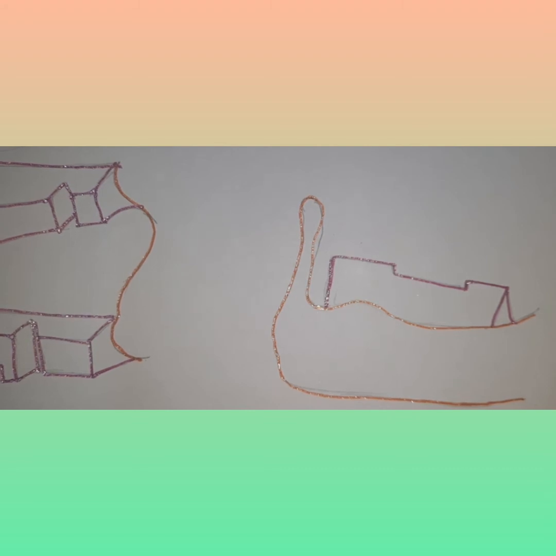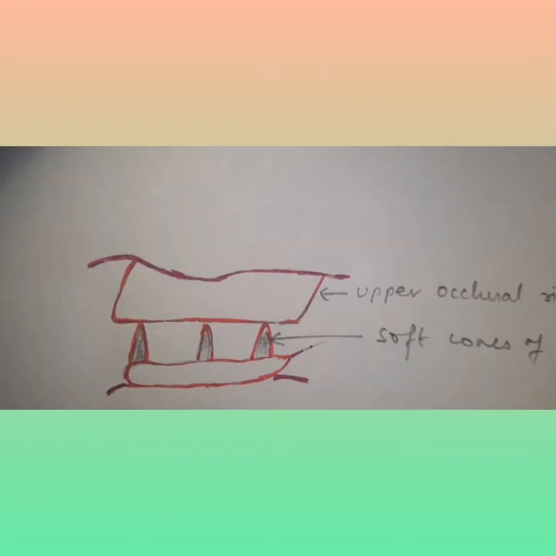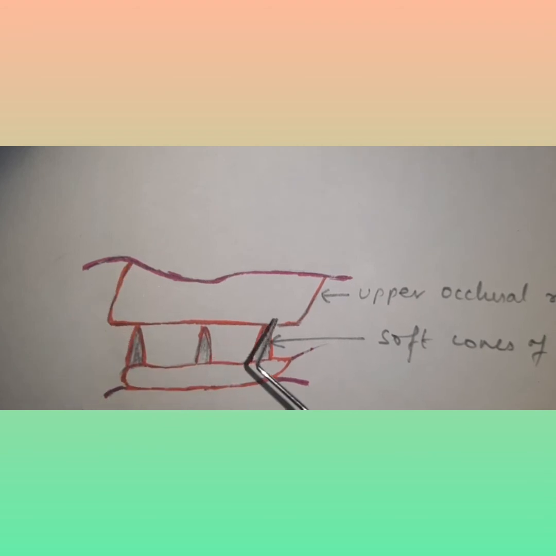Another method is the swallowing method. The swallowing method was advocated by Shanahan in 1955. In this method he used soft cones of wax in the lower mandibular area, and in the upper, once he had adjusted the upper rims, he asked the patient to repeatedly swallow.